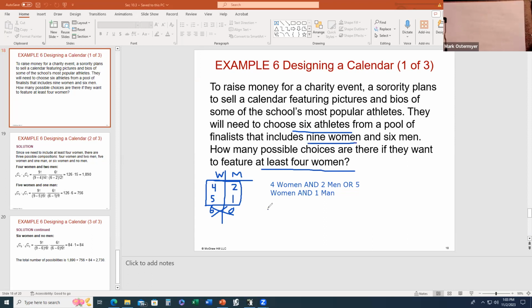So there would be 9 in combination with 4 different ways of choosing 4 women from what? 9 women where order does not matter. And means multiply. So now we're going to use our fundamental principle of counting times. How many ways can I choose 2 men where order does not matter from 6 men? Oh, that would be 6 in combination with 2.